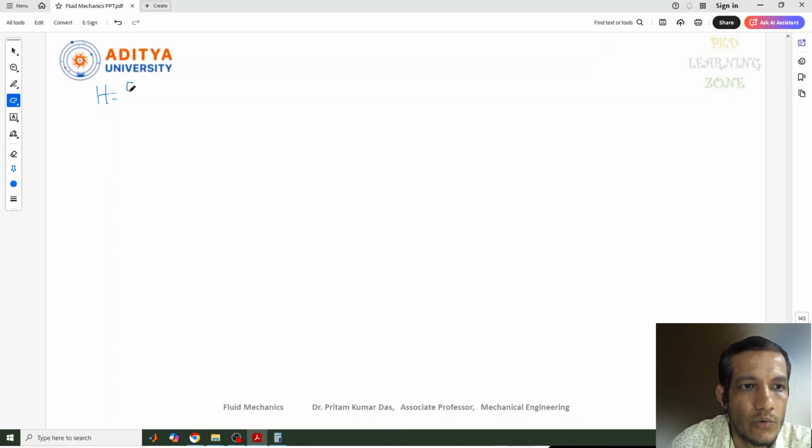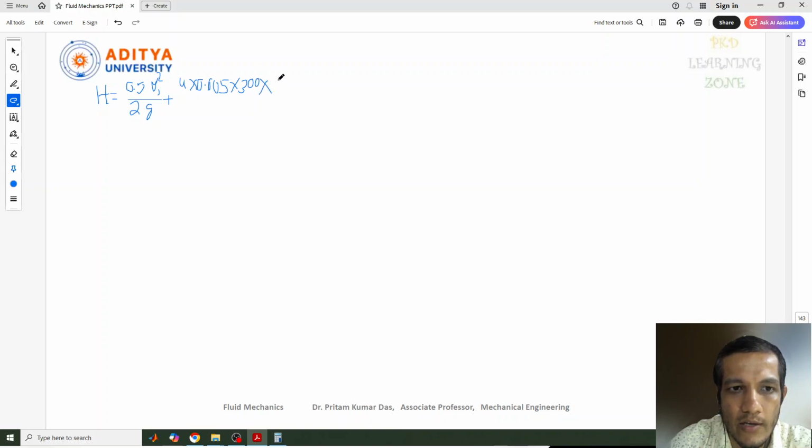Finally we can write h equal to 0.5 V1 square by 2g plus, again, 4f, with f1 value 0.005, L1 value 300, into V1 square by 2g.